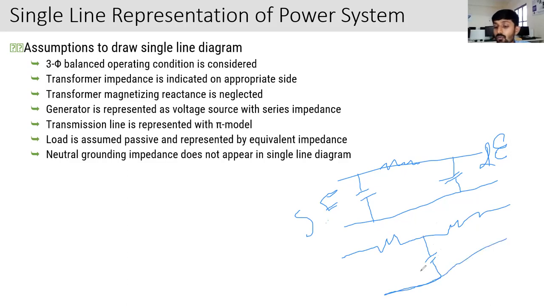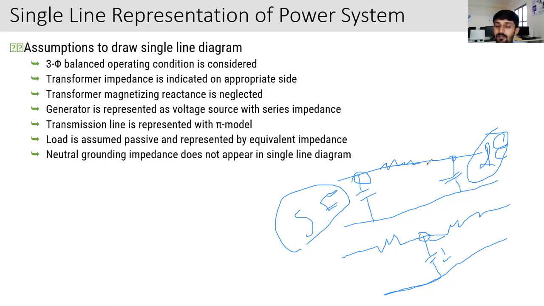So to find the voltage across the capacitor, we have to put in extra effort to find this terminal voltage. But when we use the pi model, this terminal voltage equals the sending end voltage, and this terminal voltage equals the receiving end voltage. So we do not need extra effort to find the two terminal voltages.